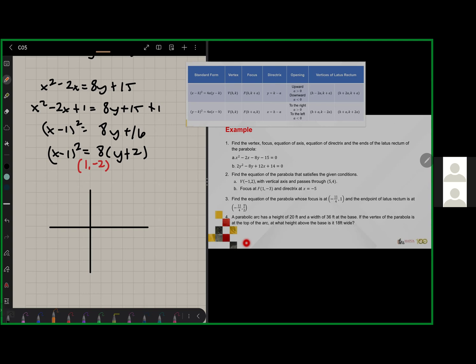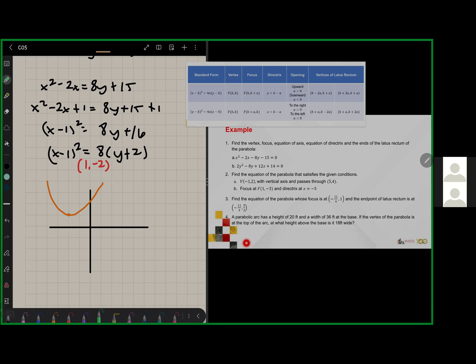This is our 1 comma negative 2 approximately. So our parabola opens like this. Our parabola is opening upward since x is the squared variable and our value here is positive.